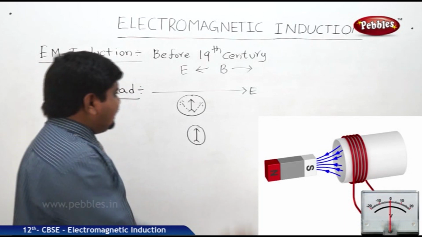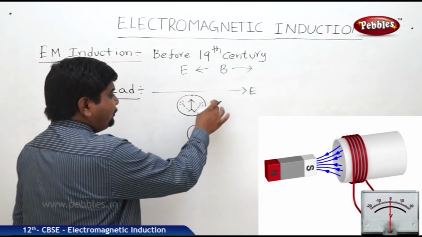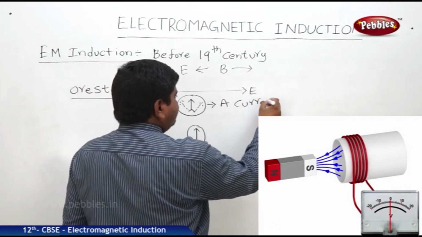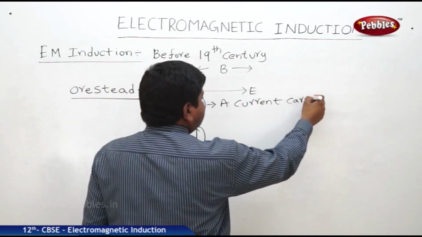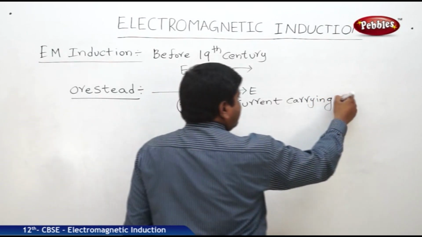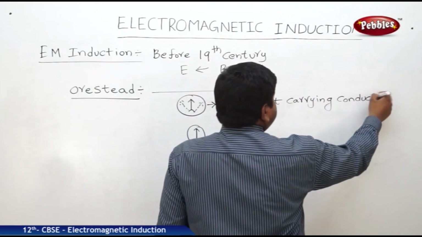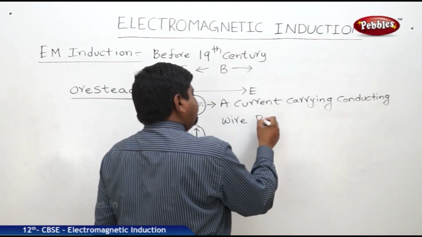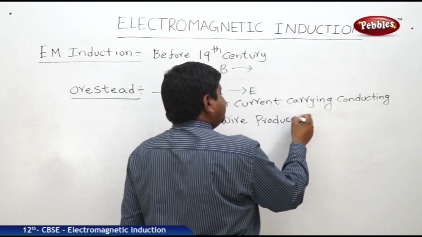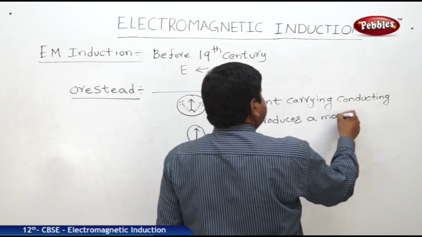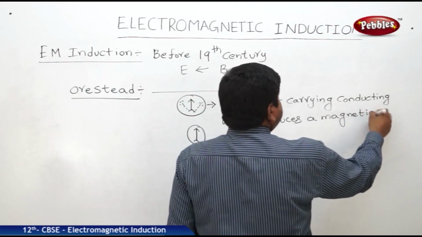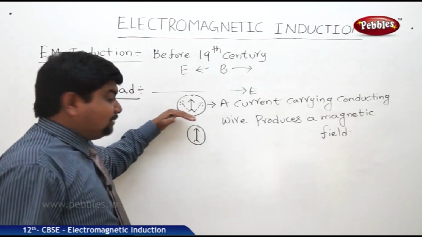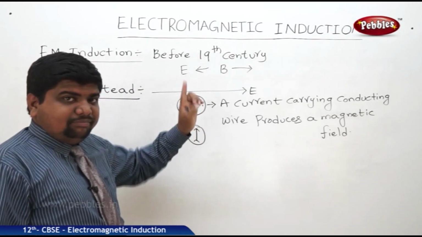He concluded that a current carrying conducting wire produces a magnetic field. Because of that only, the magnetic compass needle was vibrating or oscillating.